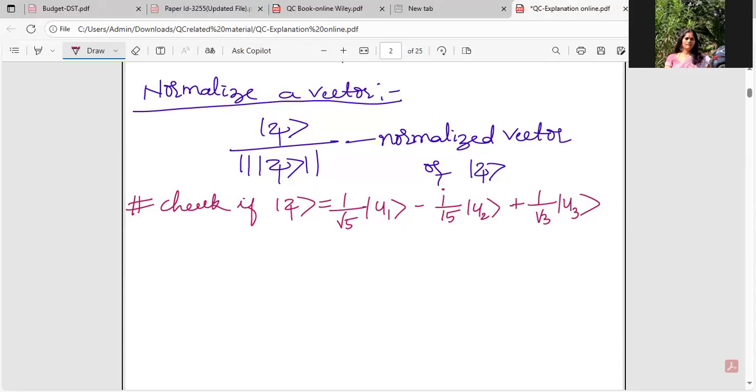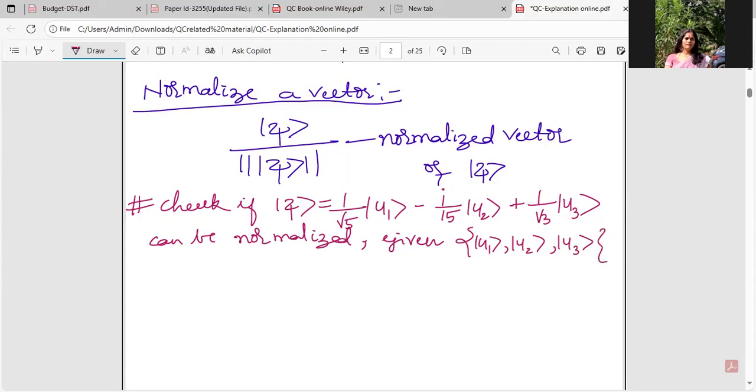can be normalized, given that ket u1, ket u2, ket u3 form an orthonormal basis.